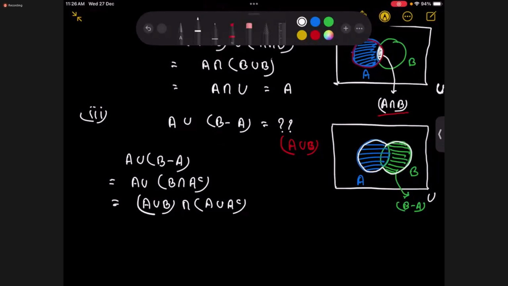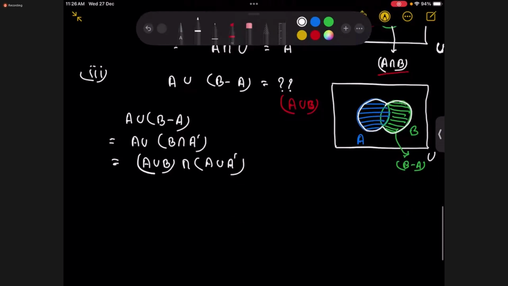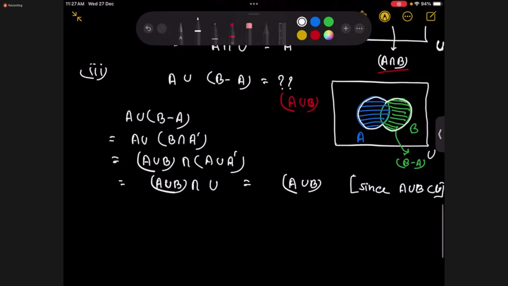Applying the complement, we get (A union B) intersection the universal set U, and this is equal to A union B. Why? Since A union B is a subset of U, the universal set. So whatever we were assuming is totally correct.